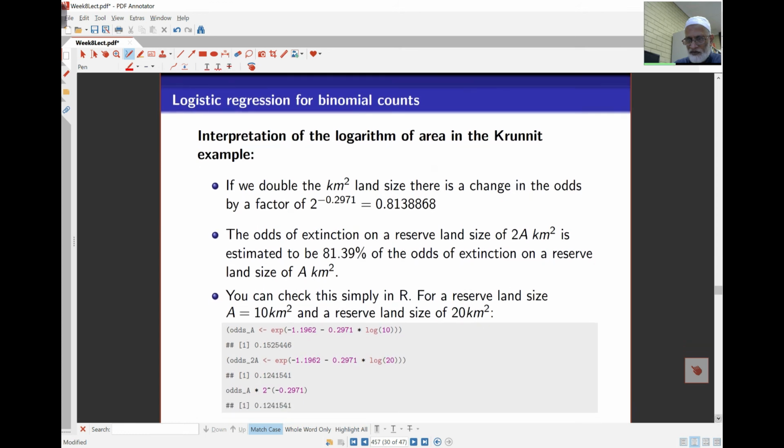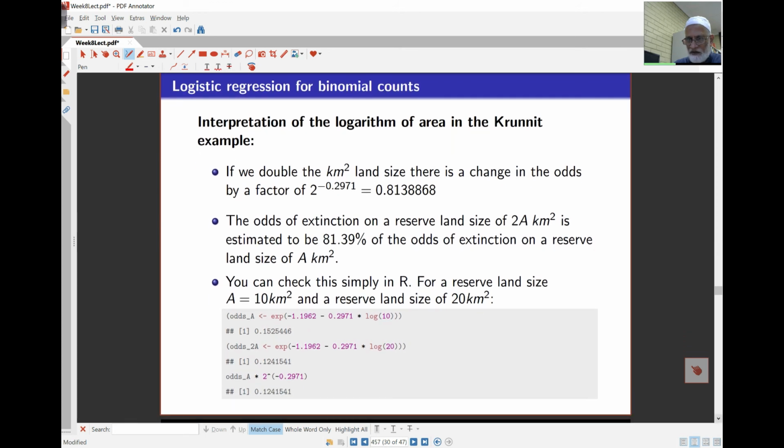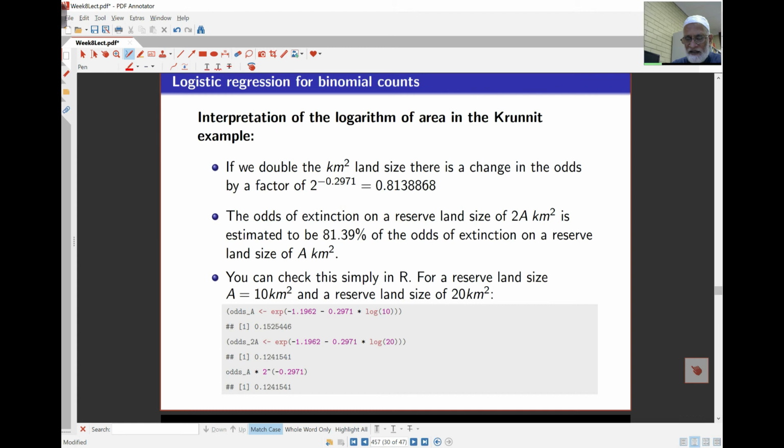So let's take a look at some interpretation here. If you double the area of the land, then the change in the odds ratio is by a factor of 2 to the beta 1, so it's going to change by a factor of 0.81. The change in the odds of extinction is going to change by a factor of 0.81.